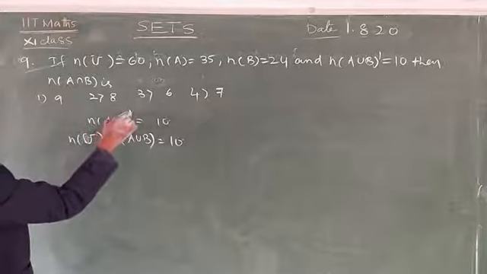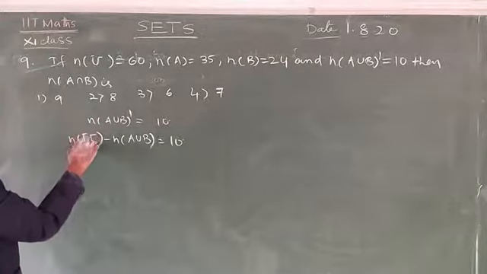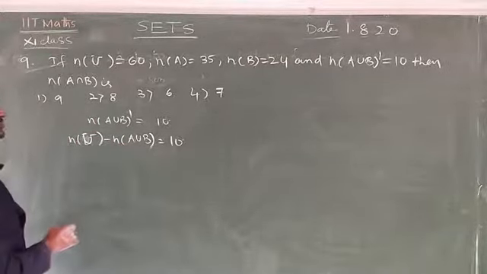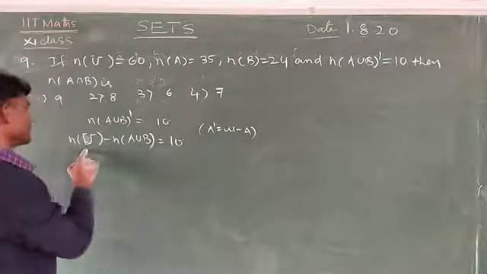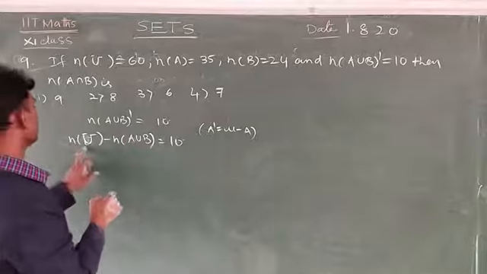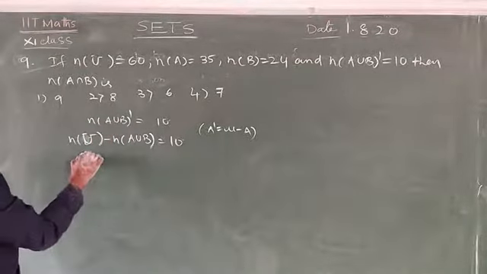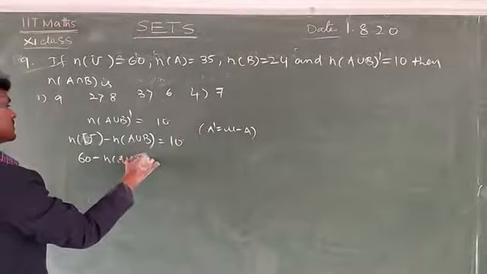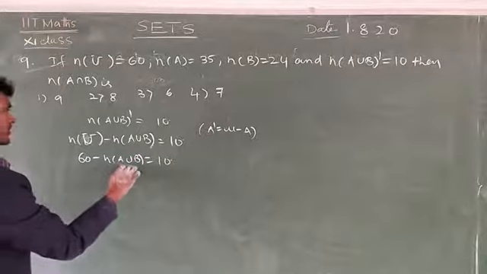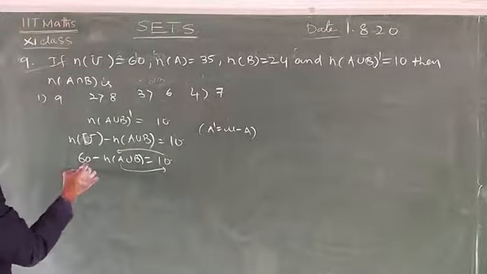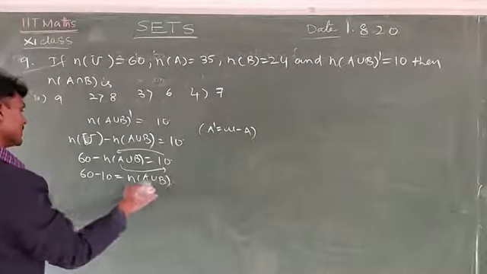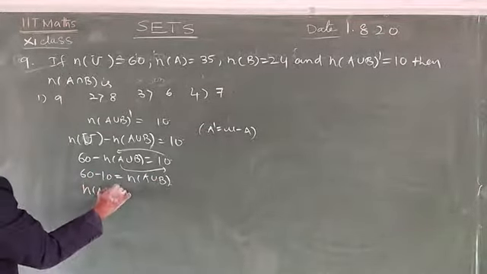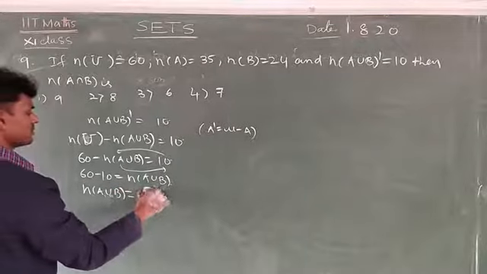We know that A dash is equal to μ minus A, that's why you can apply here. Now μ is given as 60, so 60 minus n of (A union B) is equal to 10. Now send A union B to this side and 10 to the other side: 60 minus 10 is equal to n of (A union B). So n of (A union B) is equal to 50.